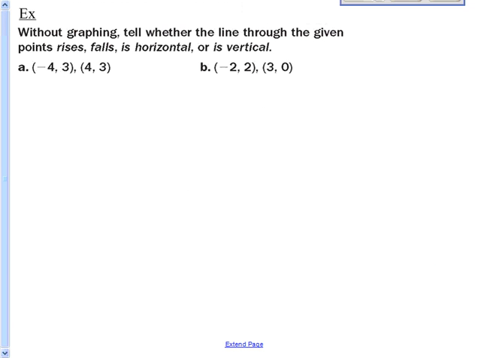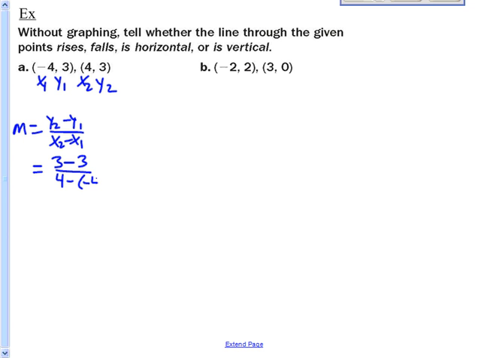Okay, so without graphing, let's plug the given points into the slope equation and tell whether the line rises, falls, is horizontal, or is vertical. So we go, well, x1, y1, x2, y2. Let's see what this slope is. y2 minus y1 over x2 minus x1. Make sure you memorize that. 4 minus the -4. Plug those in.